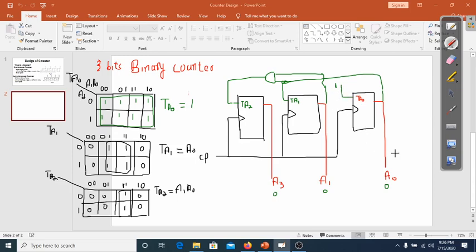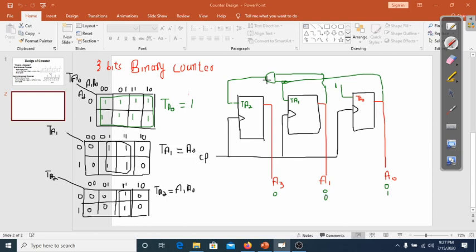So present state is equal to 0. So what should be the next state when the input is equal to 1? So the next state should change, should be 1. So here the input is the output of A naught. So this was 0. So present state is 0. So the next state would be 0.